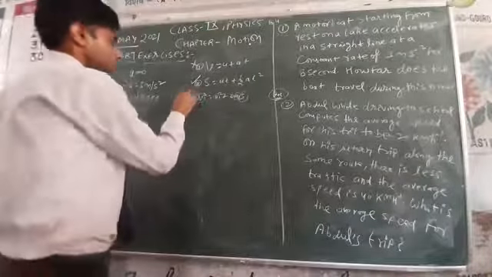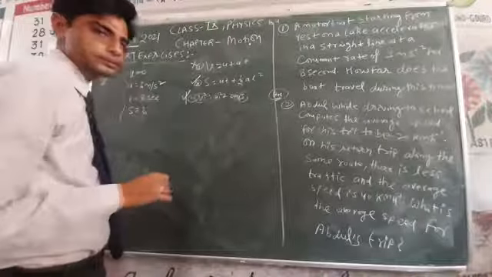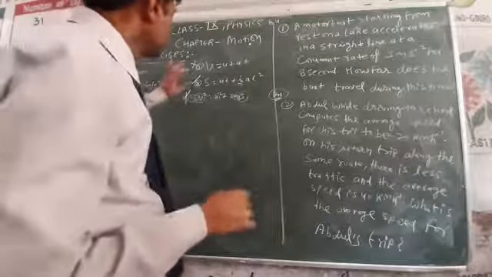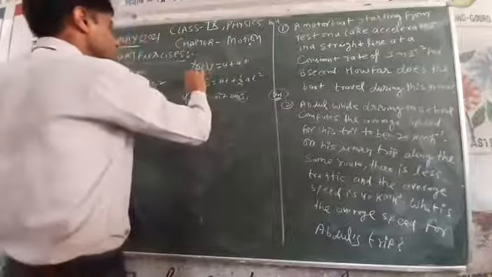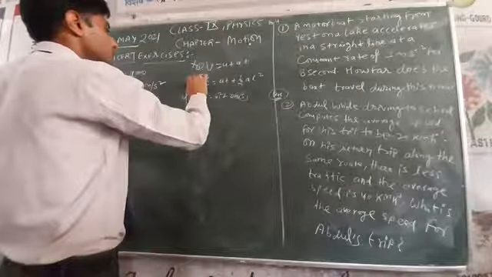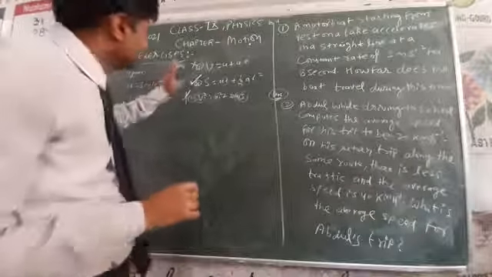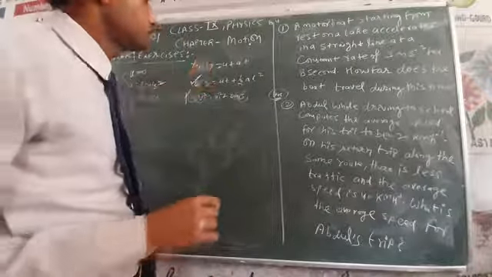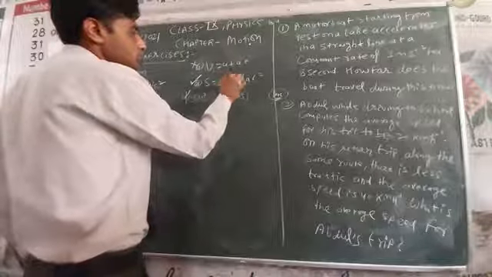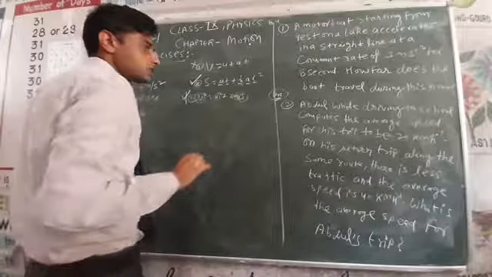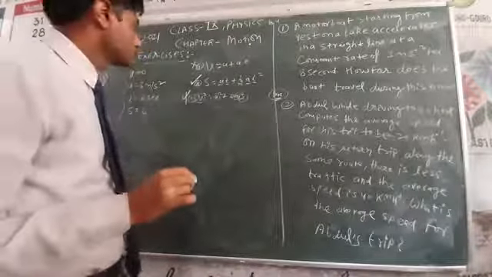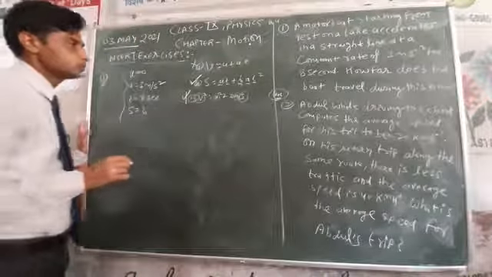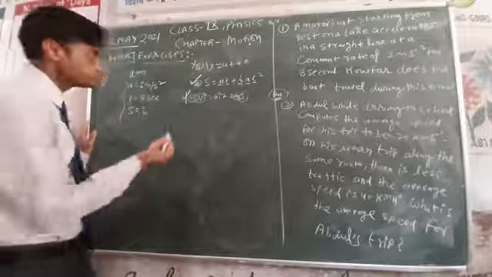So that is also cancelled. Only the equation s equal to ut plus 1 upon 2 at square remains. This equation satisfies all conditions: u is given, t is given, a is given. So by putting in the values, you can find your answer.